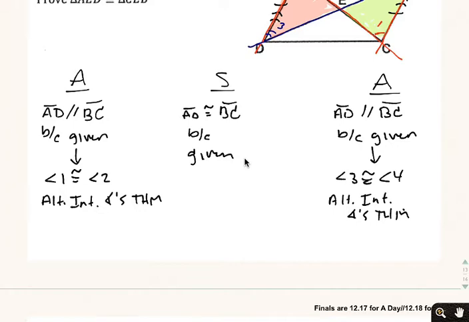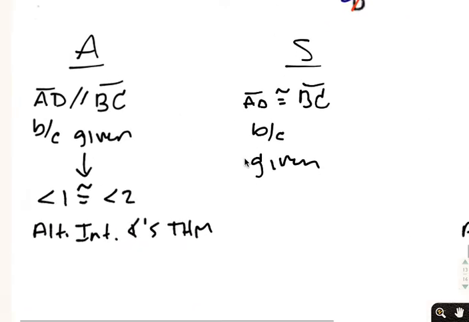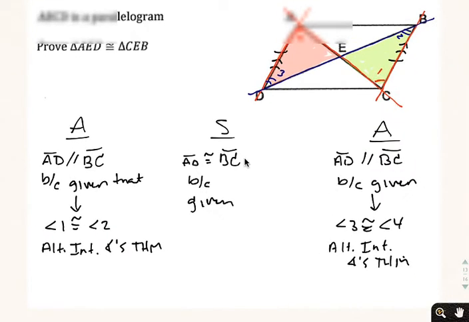So that's enough. I mean, since it's a property of a parallelogram, and maybe we should go back. We shouldn't just say it's given that. Let's not be lazy.